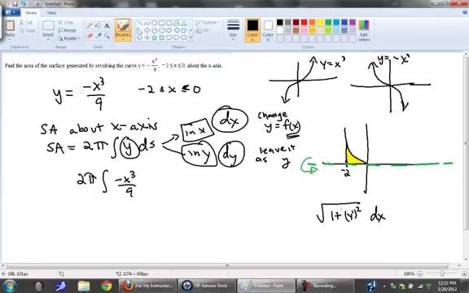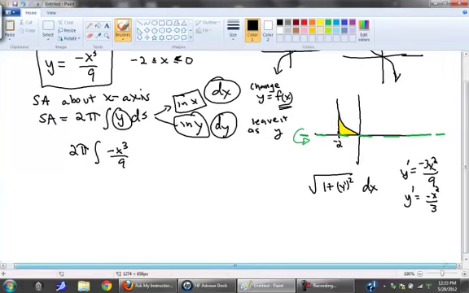So if y is negative x cubed over 9, then y prime is negative 3x squared over 9, or negative x squared over 3.